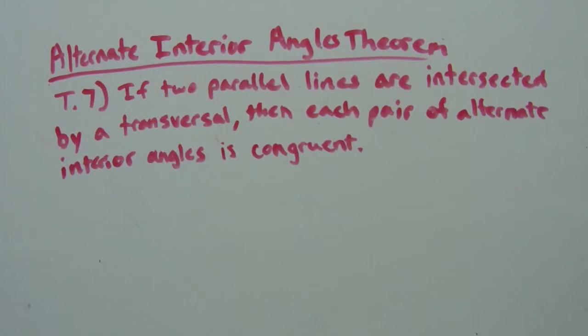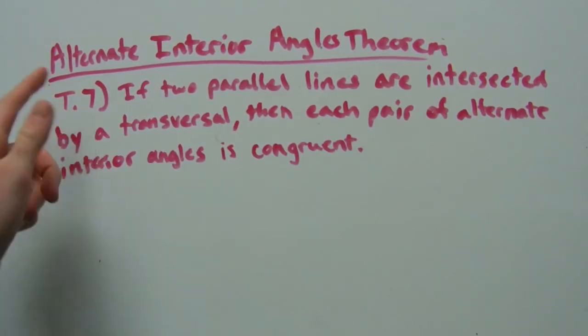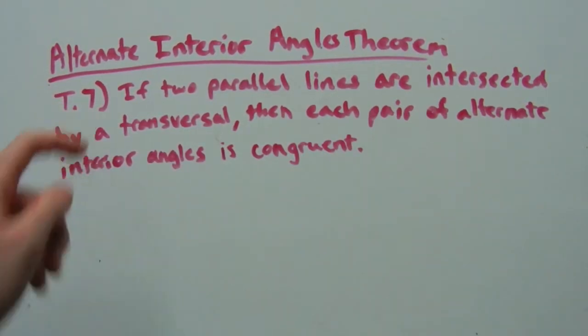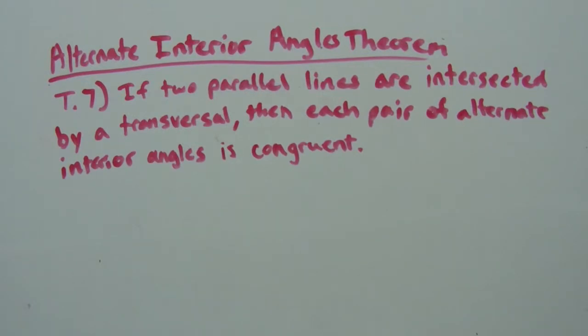The alternate interior angles theorem, which we're going to abbreviate as T7, says that if two parallel lines are intersected by a transversal, then each pair of alternate interior angles is congruent.